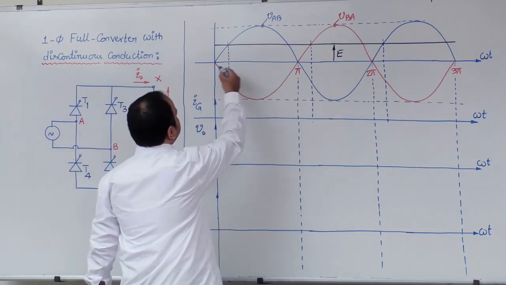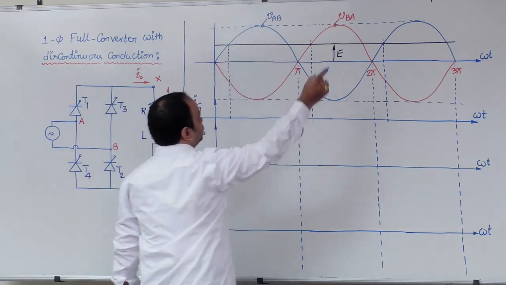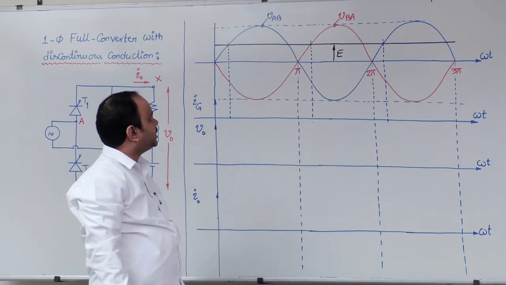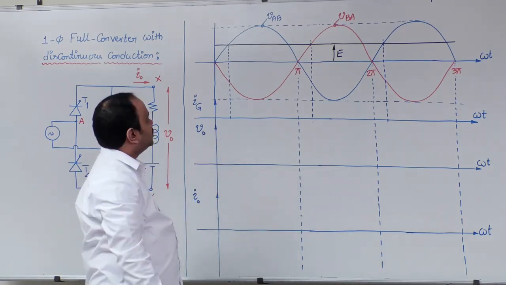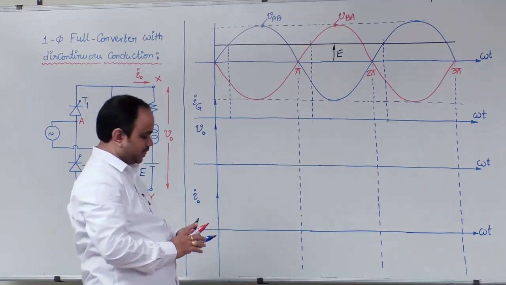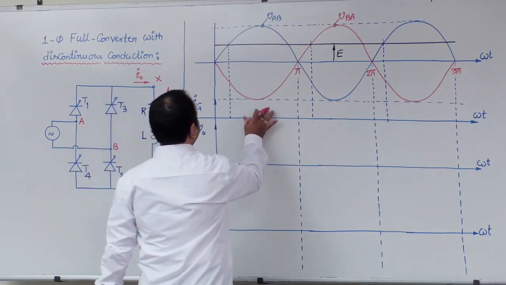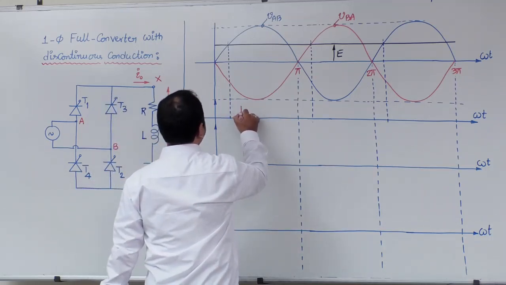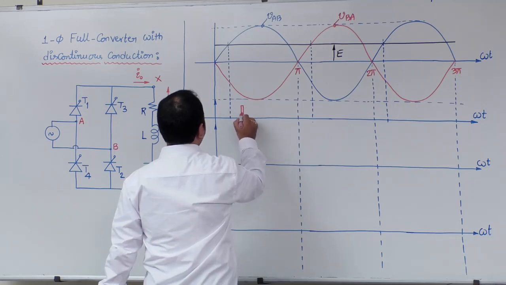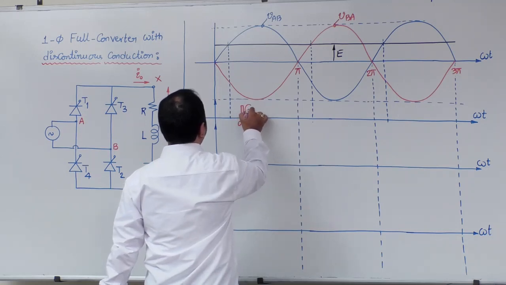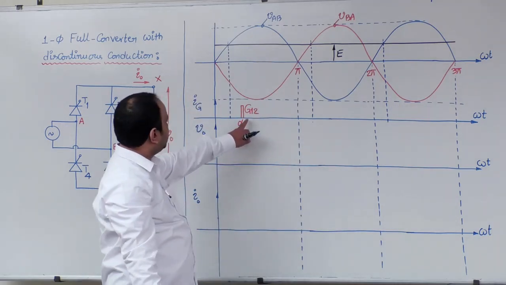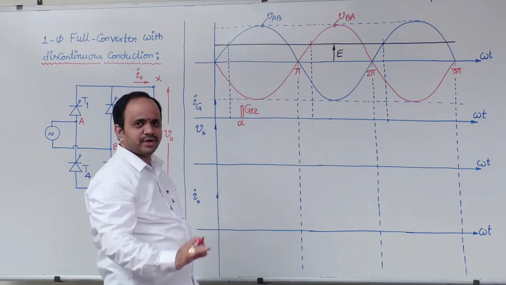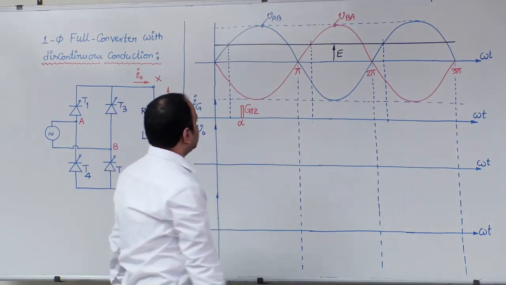Now just see the source voltage notation. VAB is the blue sinusoidal, VBA is the red sinusoidal, and the load EMF is E. So for the device to start conduction, we should give alpha greater than theta. At omega t equal to alpha, the T1 T2 pair is triggered. That is the first point.